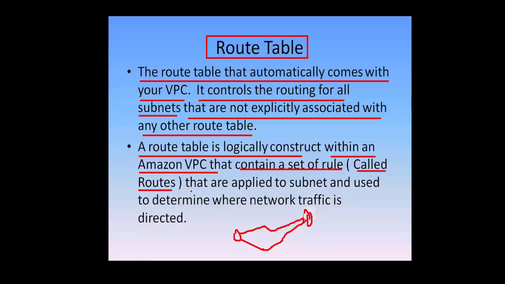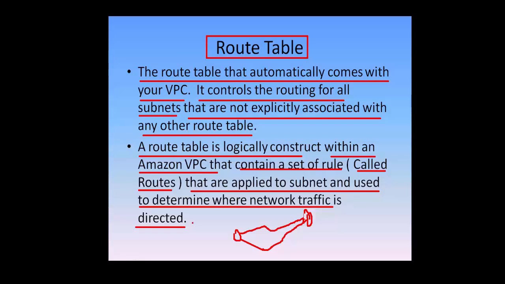So a set of rules called routes is applied to the subnet and used to determine where network traffic is directed. How my data can reach from one place to another, one network to another network.